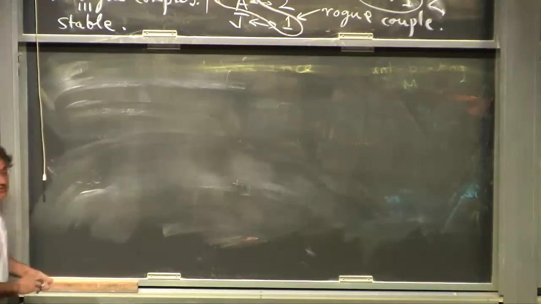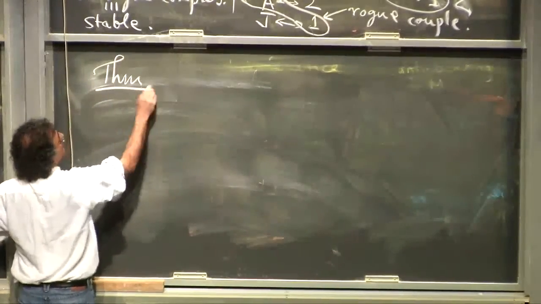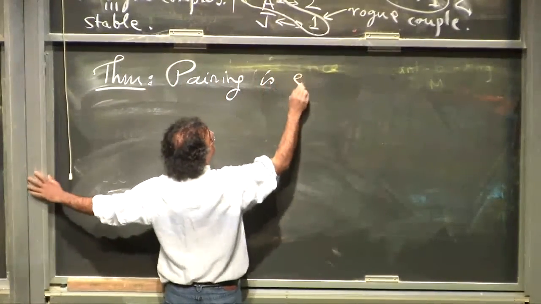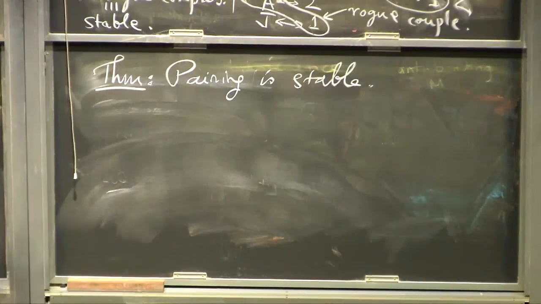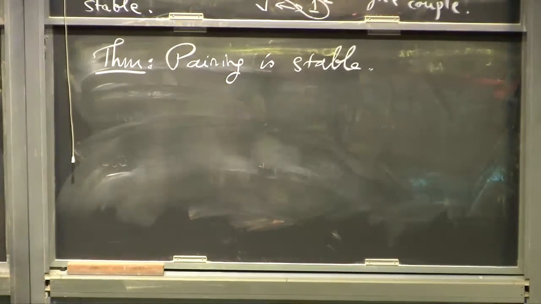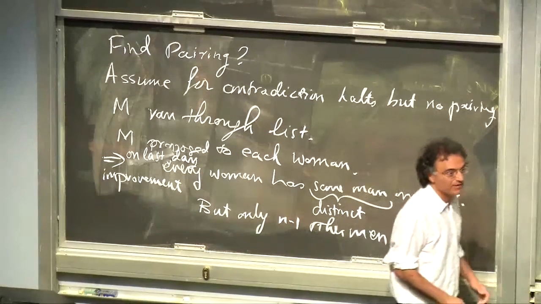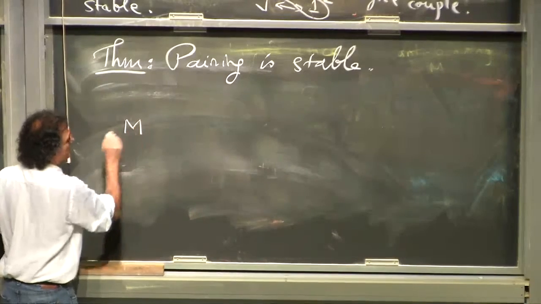Now let's go ahead and prove that the pairing is stable. There are no rogue couples.